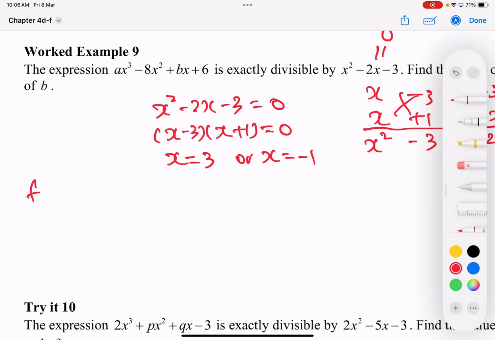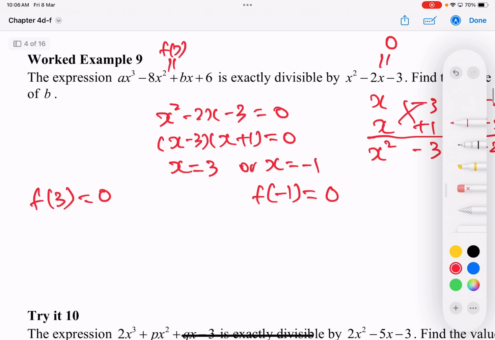If I substitute 3 into my original f(x), I'm going to get 0. Or if I substitute negative 1 into my original function, I will also get 0. Two equations. Immediately, I know this is a simultaneous equation problem.